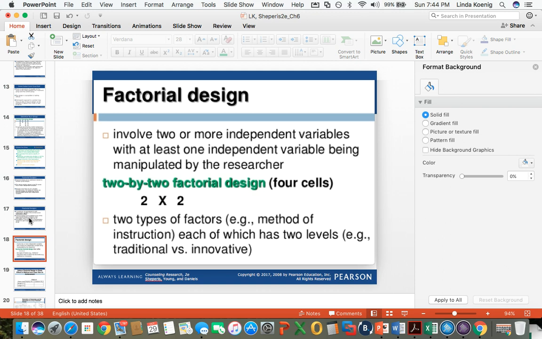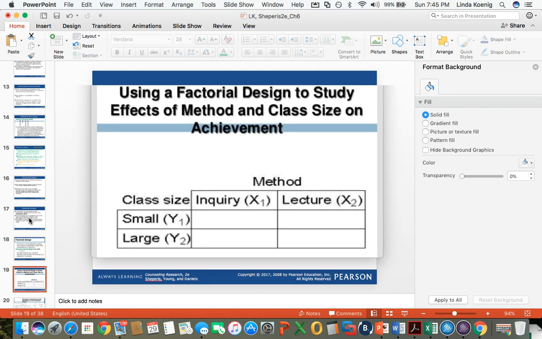Let's say we have 2 types of factors, and for this example, we're going to use methods of instruction. Each of those methods of instruction has 2 levels: traditional and innovative. So let's look at the next slide.